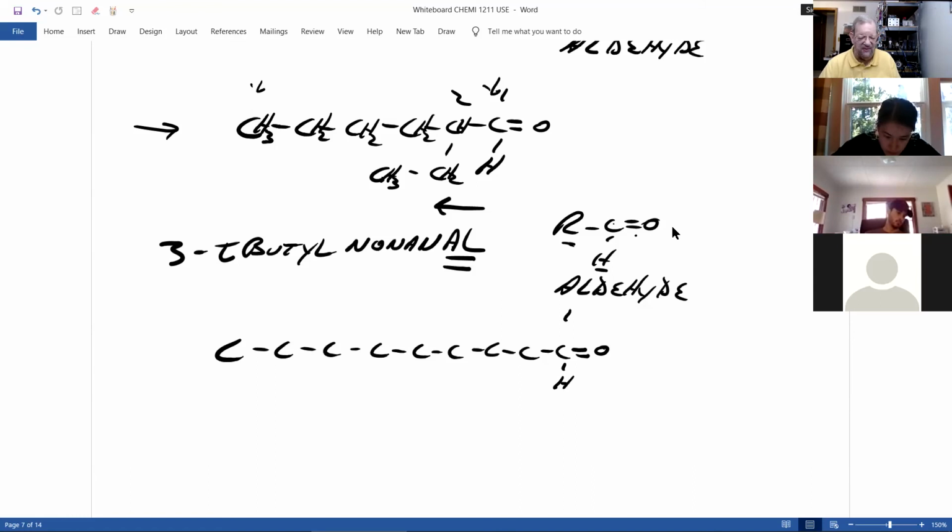That's always carbon 1, 2, 3. What do I have on carbon 3? A t-butyl group. And now I know there are 4 bonds to carbon. So I'm going to start writing in my hydrogens.